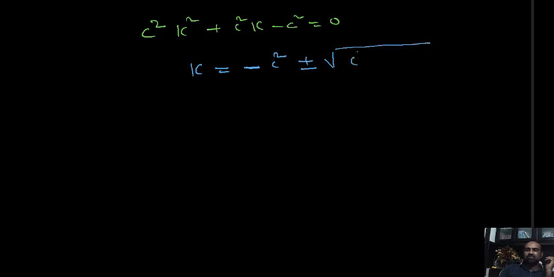What I got: c square k square plus c square k minus a square equal to 0. I want the k value, so I can use the quadratic equation concept. If in ax square plus bx plus c equal to 0, then x equals minus b plus or minus root over b square minus 4ac, by 2a. k equals minus b, that means minus c square, plus or minus root over b square, that means c power 4, minus 4 times a, that means c square, times c, that means minus a square.